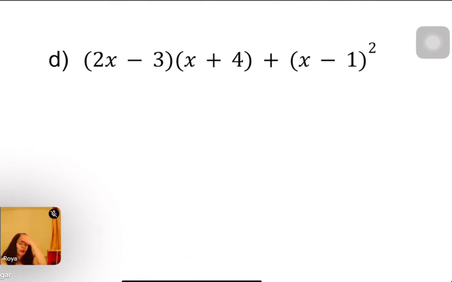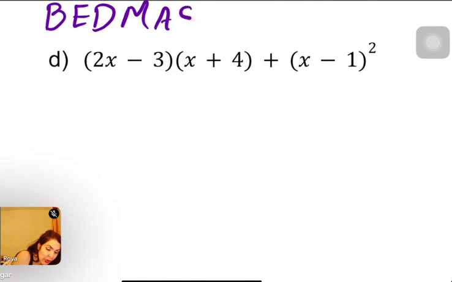Okay. For this one, you cannot do anything with the plus right now because according to BEDMAS, brackets first, exponents, we have exponents here, division, multiplication, addition, and subtraction. Okay.